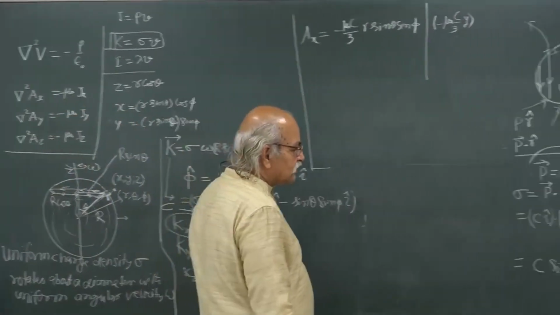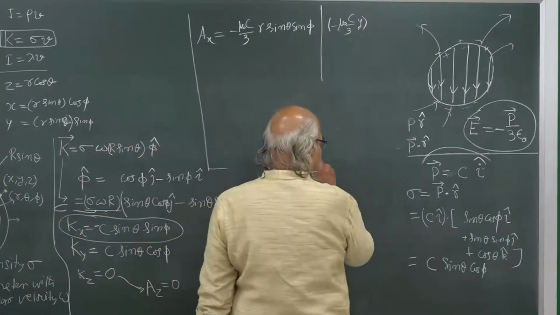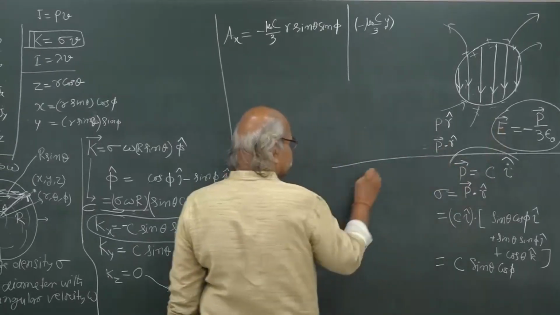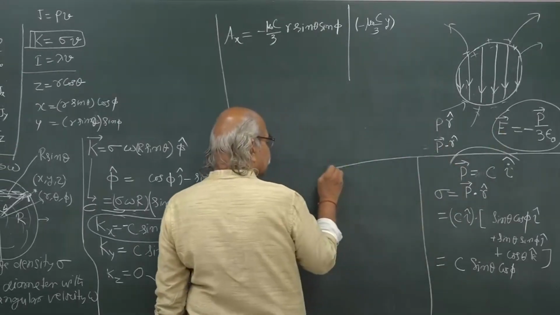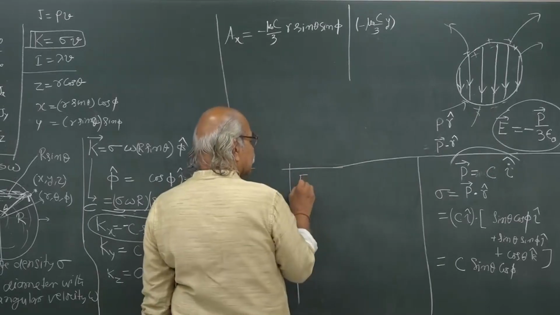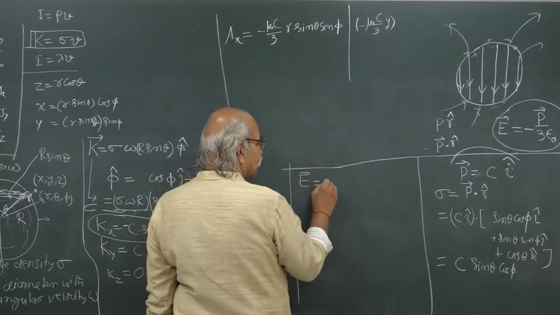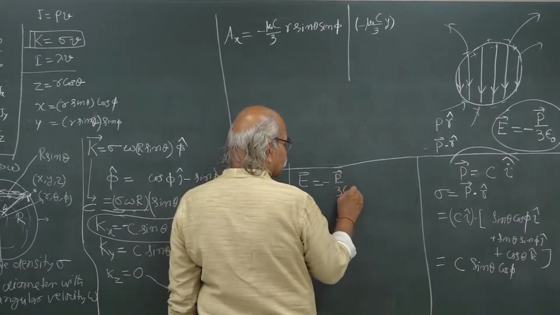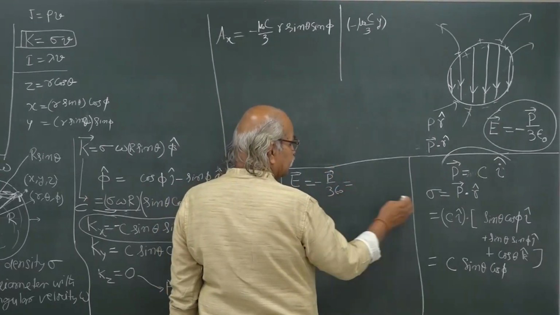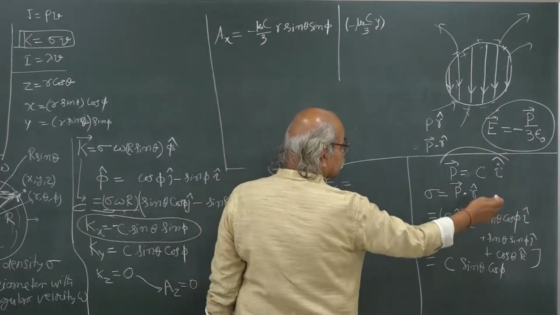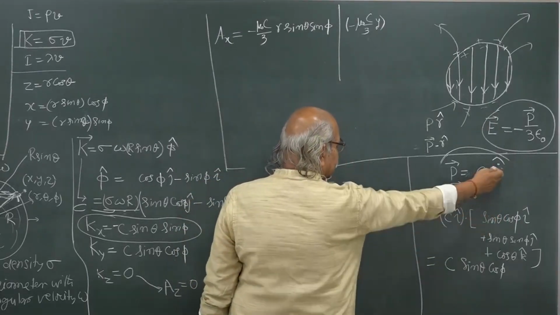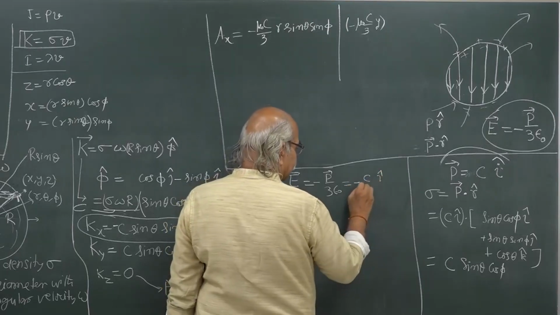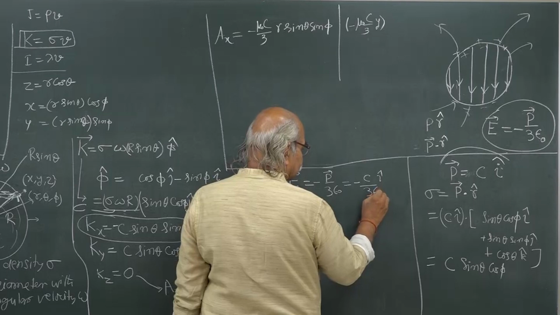And to know the electric field and this potential is quite easy, because the electric field is minus P over 3 epsilon naught, and P is here c i cap. So, this is minus c i cap over 3 epsilon naught.